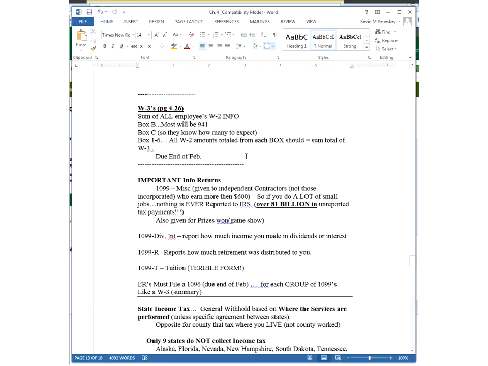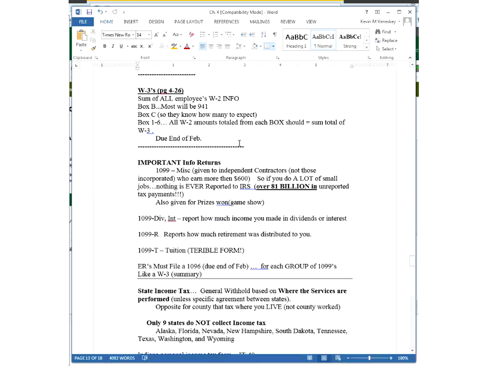Okay. Now, some other miscellaneous forms. We're not going to spend very much time on any of them. But the W-3, this is something that the employer has to send in. You as the employee would never see this. This is just a basic summary of all the W-2 info for your business. So that W-3 total could be very, very high, especially if you have a large company.